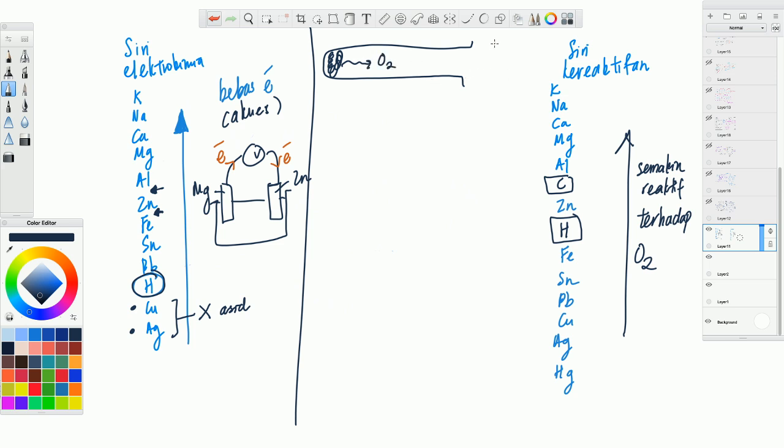Okey, dan saya panaskan di sini. Saya letak, contohnya saya letak magnesium, zinc dan cuprum.